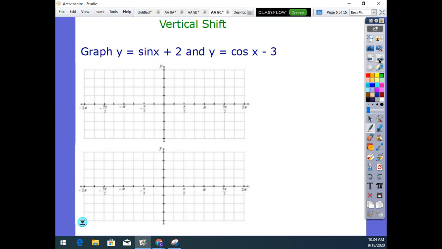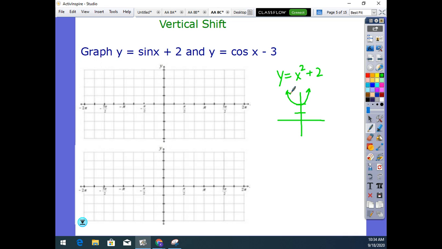So now our vertical shift, think about if we did y equals x squared plus 2, something you're all comfortable with. We just move our parabola up 2. This is the same thing whether you're talking about parabolas, cubics, radical functions, exponential functions.